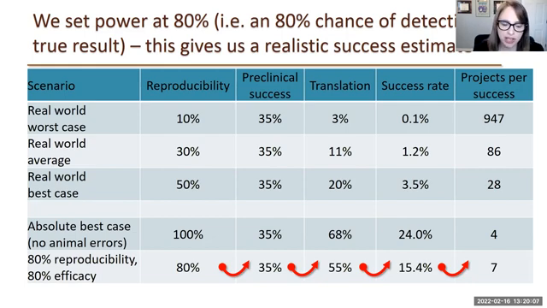So if this were the case, and we have this beautifully designed study based on our specifications, of course, there's going to, again, be some other factors that are going to cause issues with success rate, but we would only need 7 animal-related projects to bring one drug to market. So this is orders of magnitude better than our real-world case scenario, where we were calculating approximately 28. And comparing that to our worst case scenario of over 900 studies.